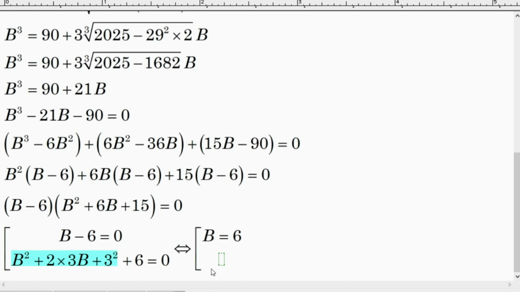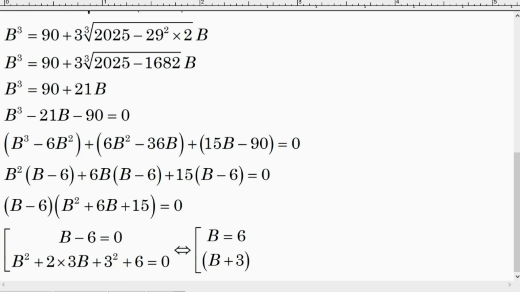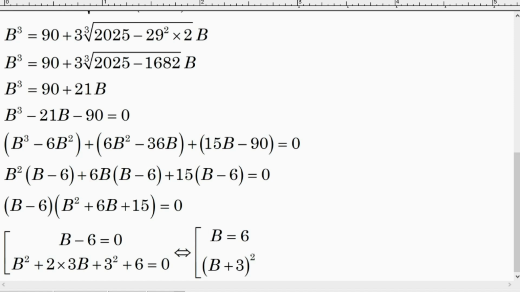What we get is b plus 3 all squared plus 6 equal to 0. As we can see, this equation has no root in real numbers, so we don't have to find another 2 roots. Then b equal to 6 is the only answer for this question.